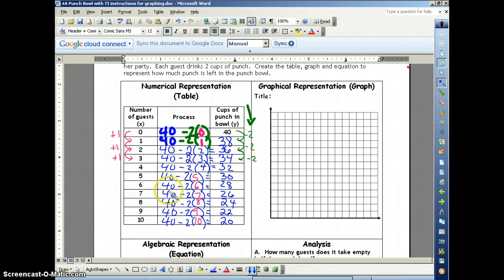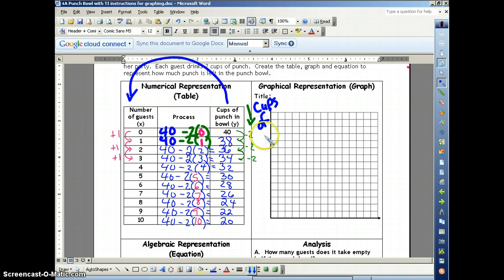So let me ask you, does the number of guests that attend my party depend upon how much punch is left in the bowl? Or does how much punch that's left in the bowl depend upon how many people attended my party? Well, cups of punch in the bowl depends upon how many guests are at the party. So cups of punch goes right here.